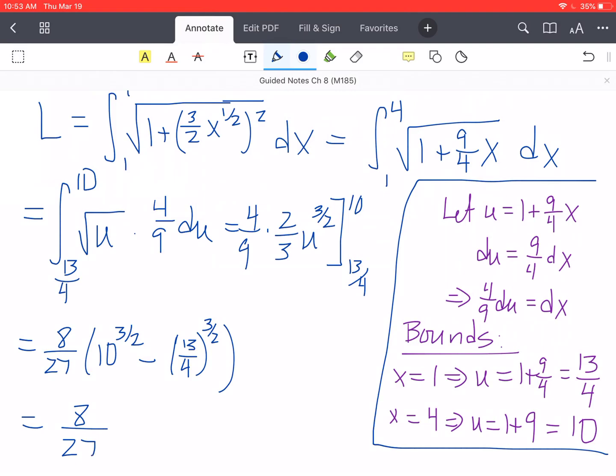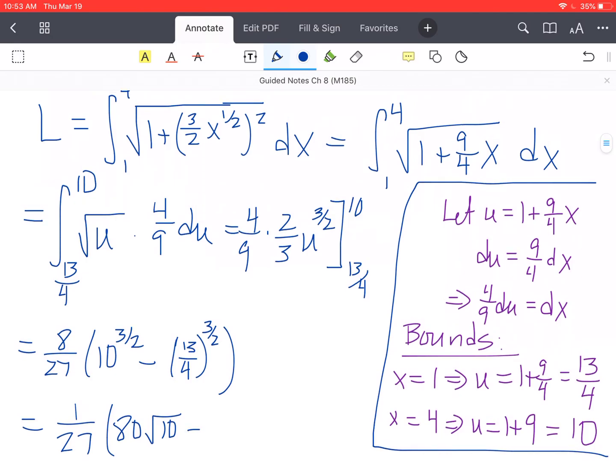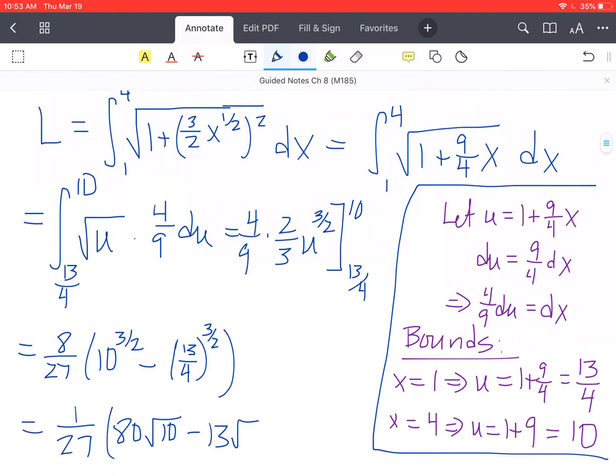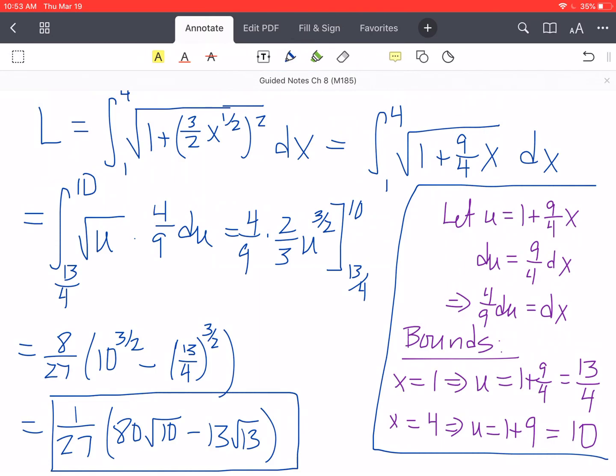So if we multiply the 8 in, I'm going to leave the 1/27 out here. This ends up giving us 80 root 10 minus 13 root 13. Okay, so there's a little more simplification that goes into that, but it's just a little bit of algebra playing around with the exponents and converting them back into roots again.